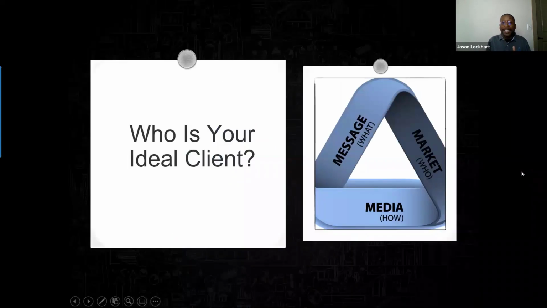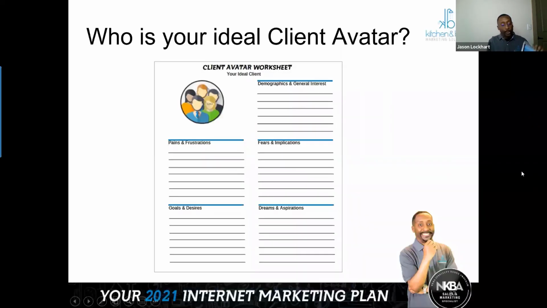So who is your ideal client? You'll see here on page 7, we have the client avatar worksheet. What you want to do is make a couple of copies of this.